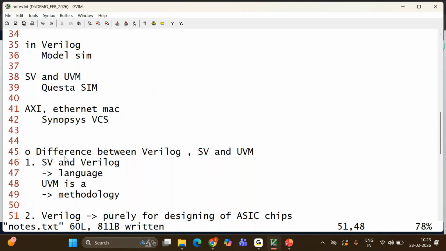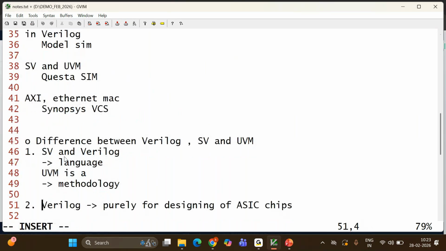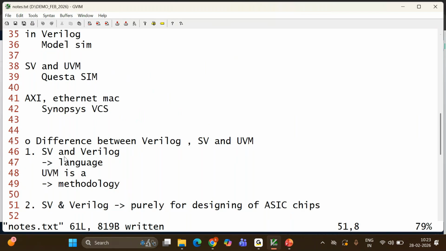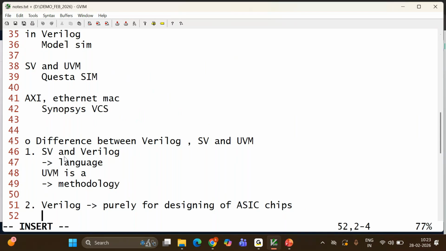I can't do that. So ASIC chip designing is done using Verilog. Basically, Verilog and SystemVerilog, I'll say SV and Verilog. Okay, I'll keep it like this. See, Verilog is purely for design of ASIC chips.